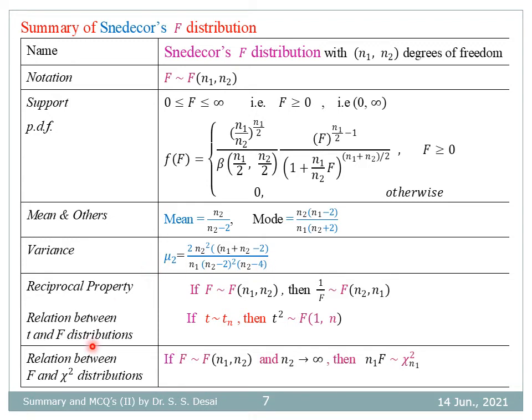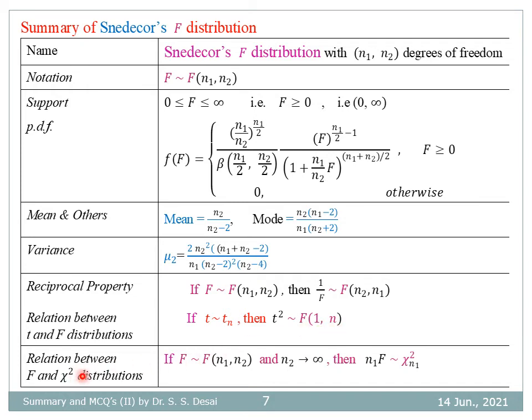Now let us see one important property of the F distribution. If F follows F distribution with n1 and n2, then 1 by F follows F distribution with n2, n1. This is called the reciprocal property. The relation between T and F distributions is: if T follows T distribution with n degrees of freedom, then T square follows F distribution with 1 comma n degrees of freedom.